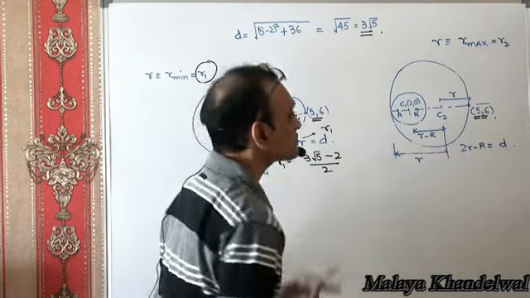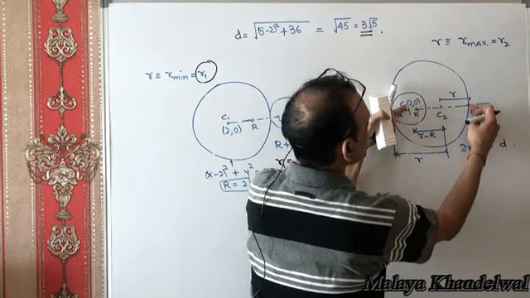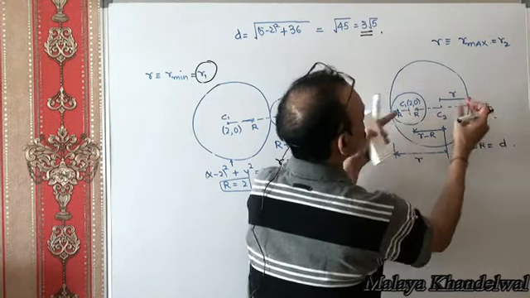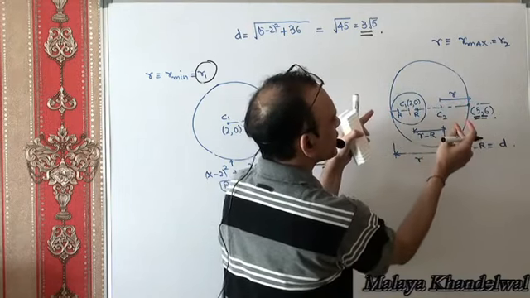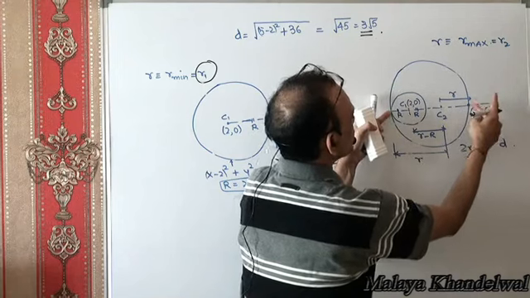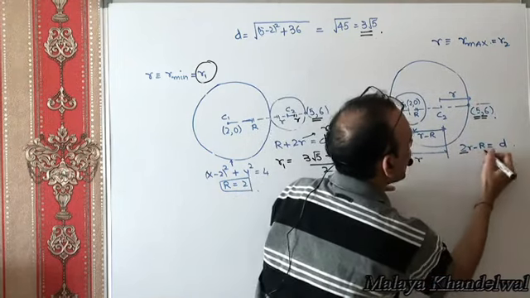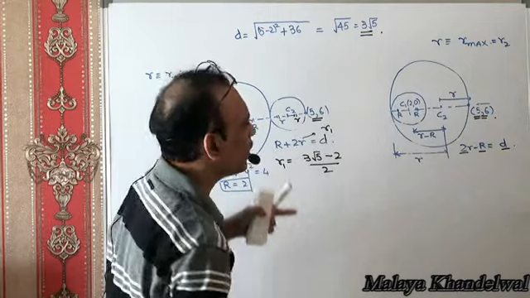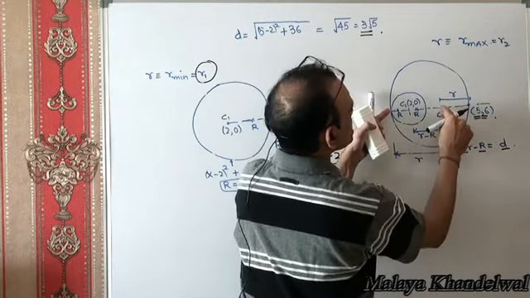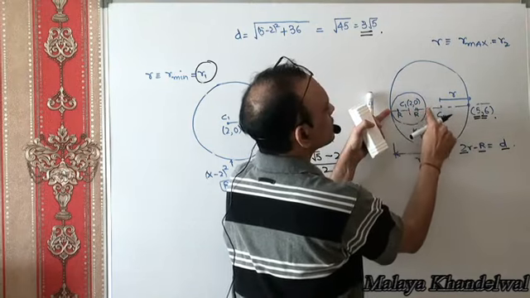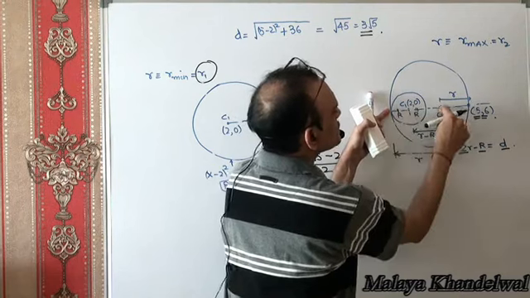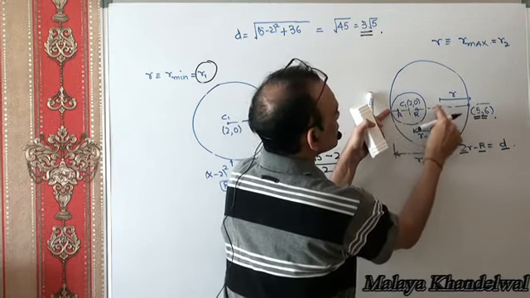What about this case? In this case, the distance is again 3√5. So here we have 2r minus capital R as D. How? Look. This distance is r plus r, 2r, right? This whole distance is small r.